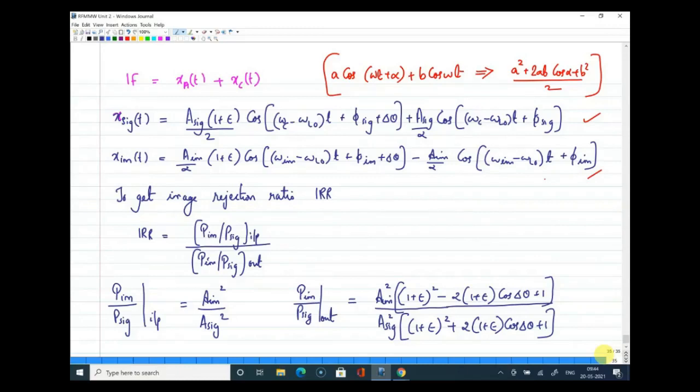And not only that, in the somewhat crude way of implementing a 90-degree phase shift using an RC-CR network, R and C will also have variations when you implement it practically, in the upper arm and lower arm.